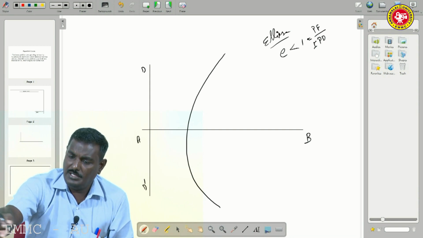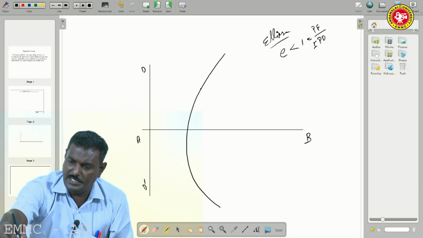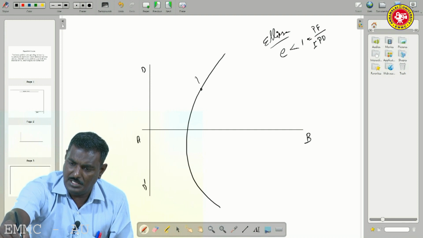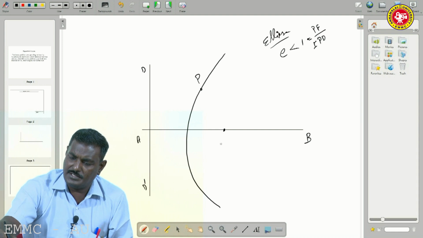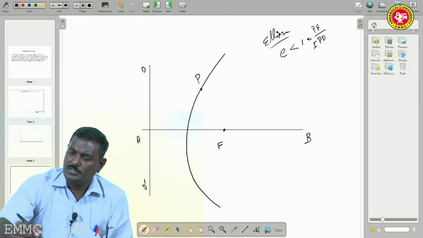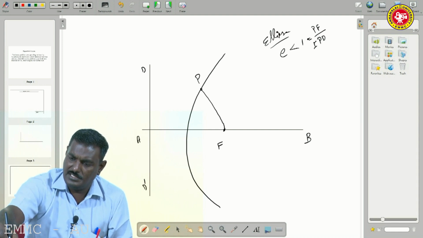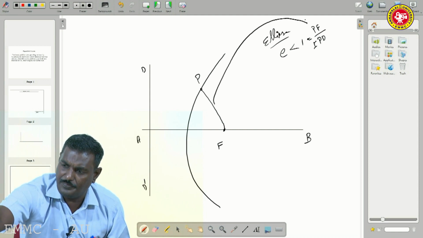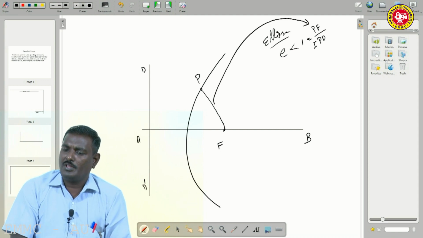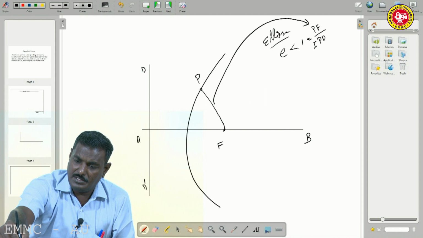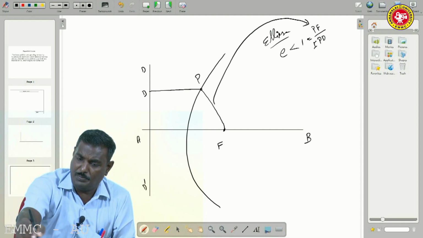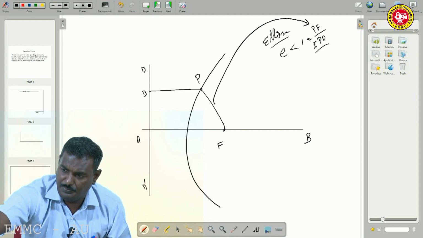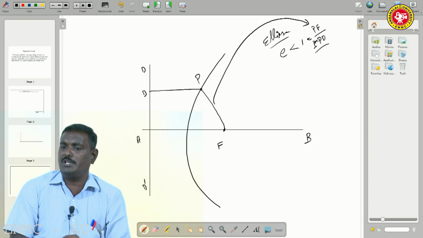In this, if you trace any point, capital P, here is the focus. This is the distance PF. Then the perpendicular distance from this point up to the directrix, I named it D, the perpendicular distance PD.